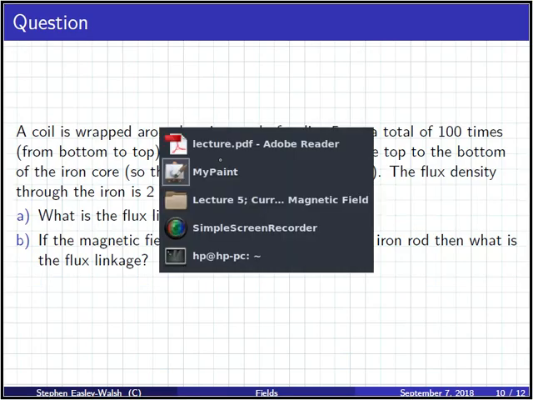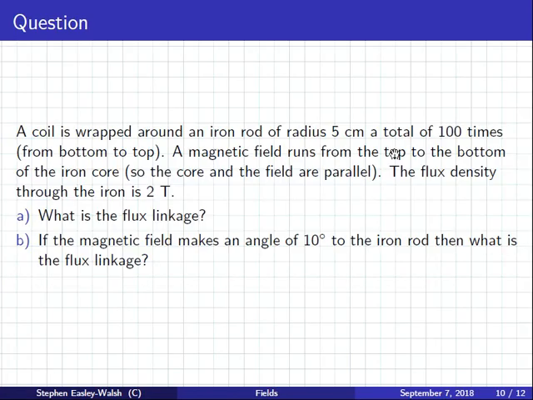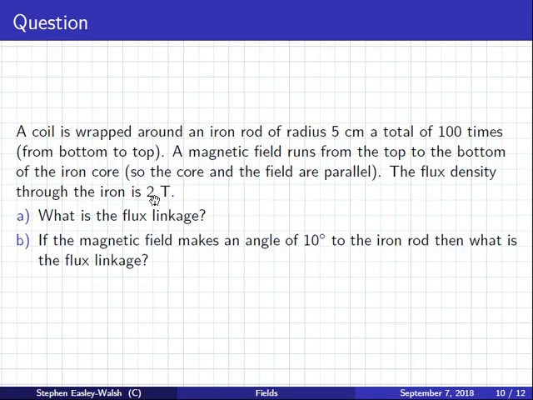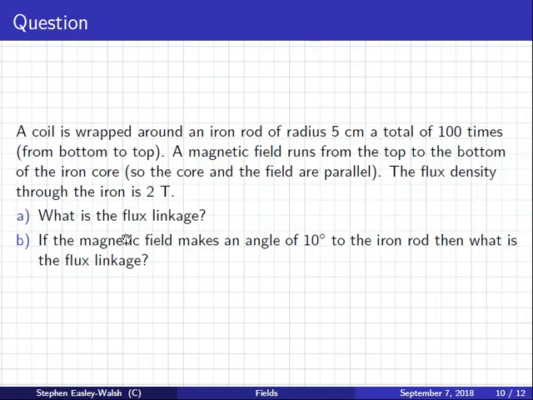And you have this wrapped around it 100 times. And the flux density through the iron is, you have a flux through here of 2 Tesla. This is B. That's the B.